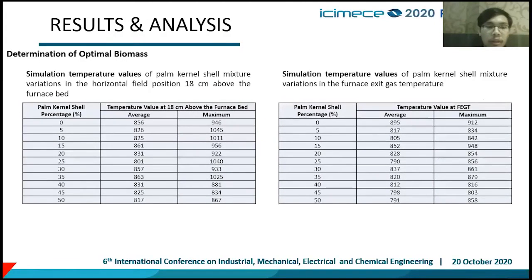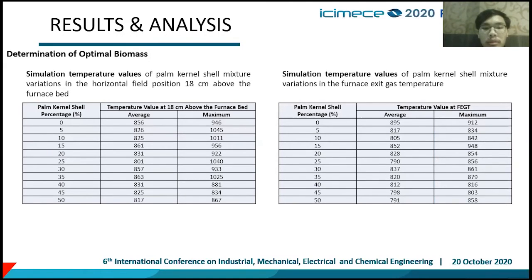So next we can determine the optimum biomass percentage. We use simulation temperature values for 18 centimeters above the furnace bed and in the furnace exit temperature.